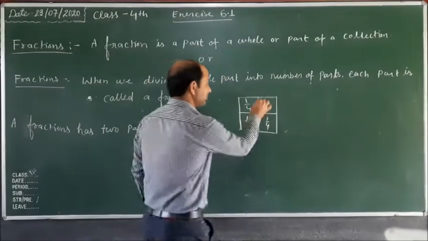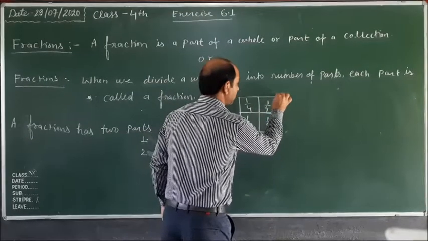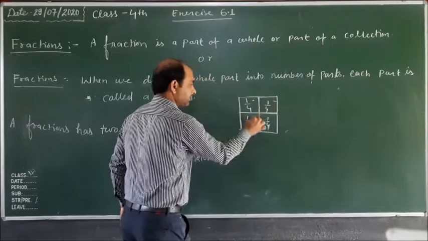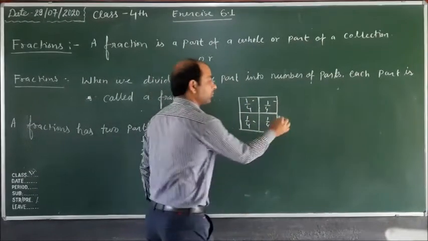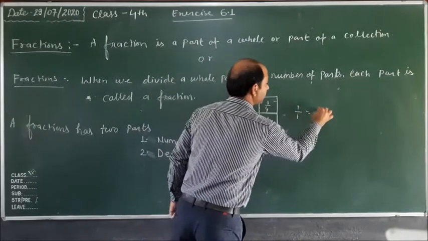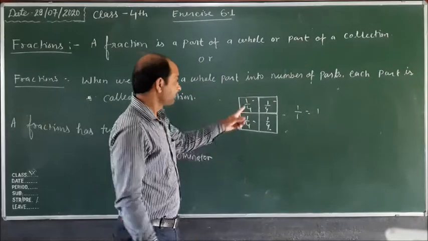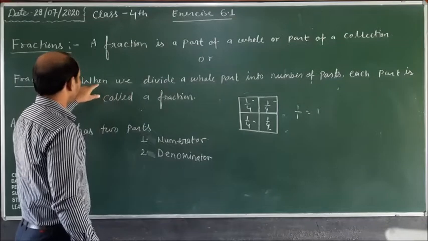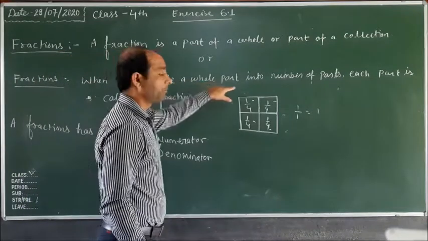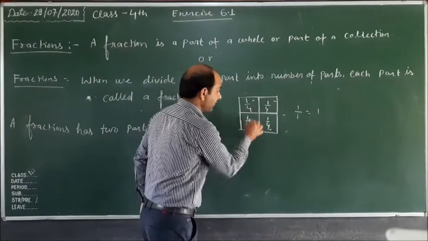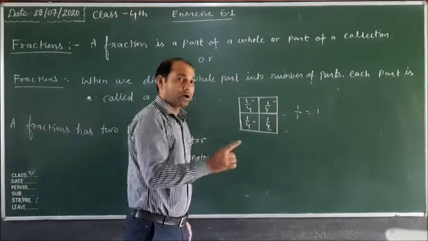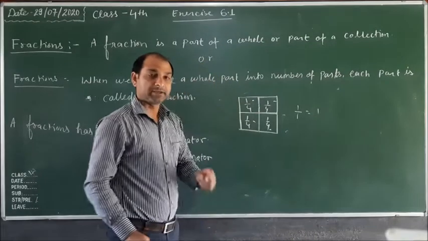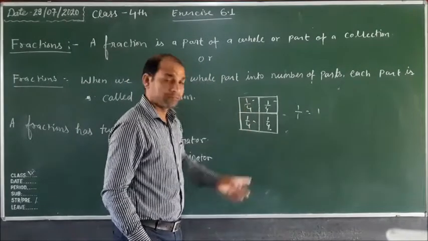Okay? So dear children, the collection of the whole, this part, this part, this part, and this part, equals 1 upon 1, which equals 1. This is the fraction. When we divide one box into 4 equal boxes, each box is 1/4.